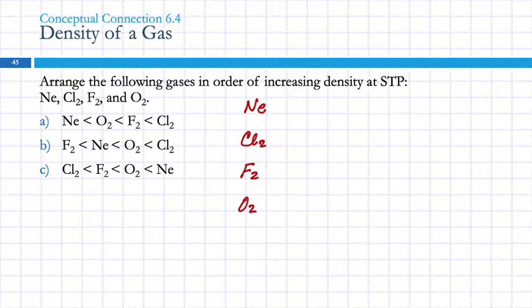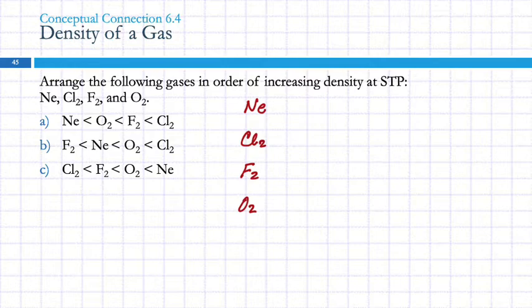So the density is grams per milliliter or grams per liter, but how can we figure out which one of these is more dense or less dense? The molar mass, right? So weird thing about gases, if you have equal volumes of gases, they have equal moles of particles.